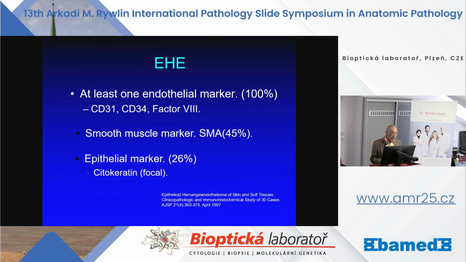At least one endothelial marker can be CD31, CD34, or factor 8. Could be positive for any muscle marker, and in a fourth of the cases, there is an epithelial marker present.